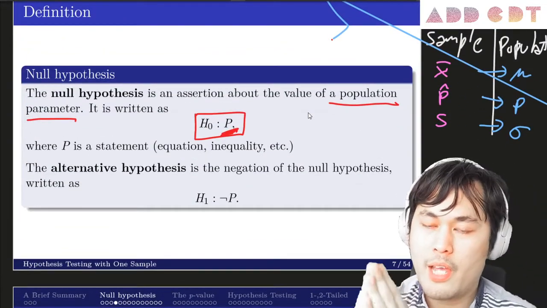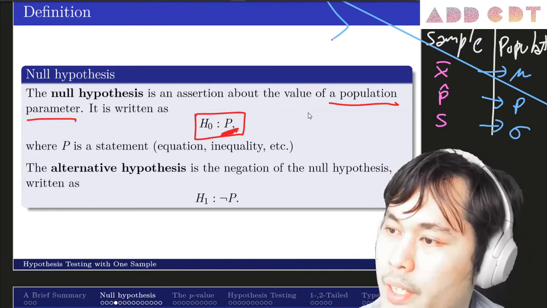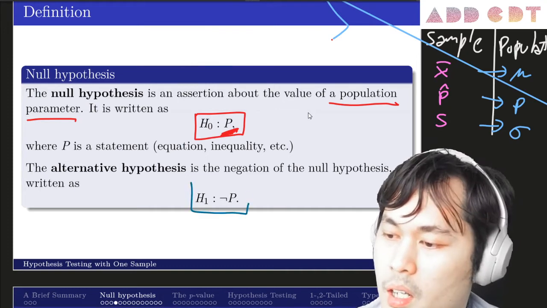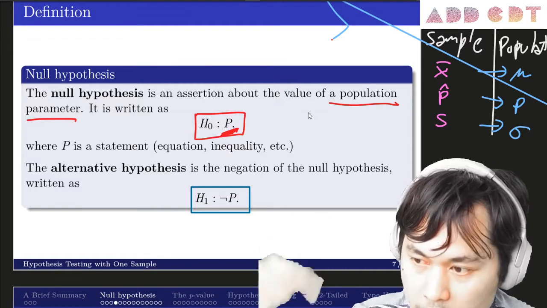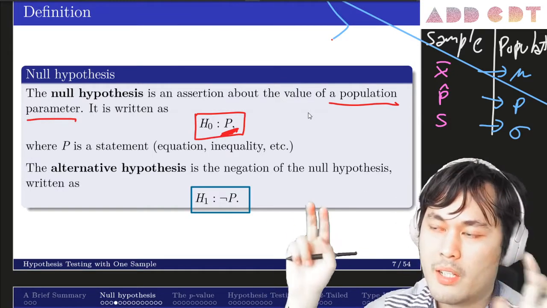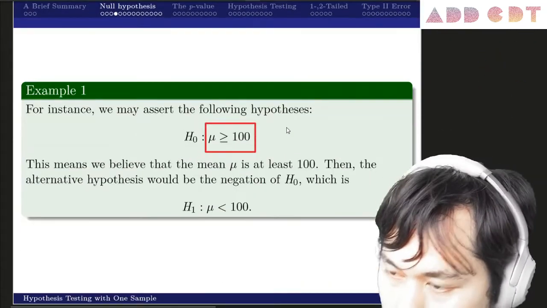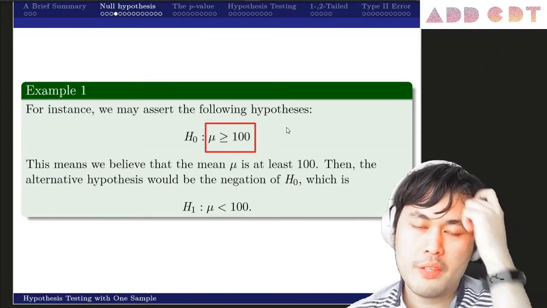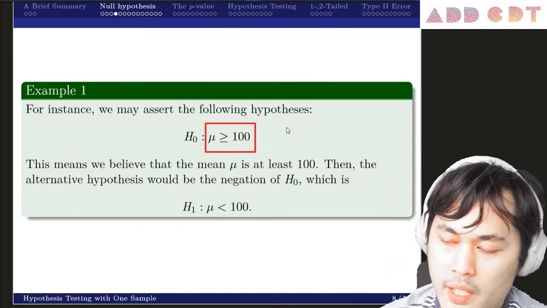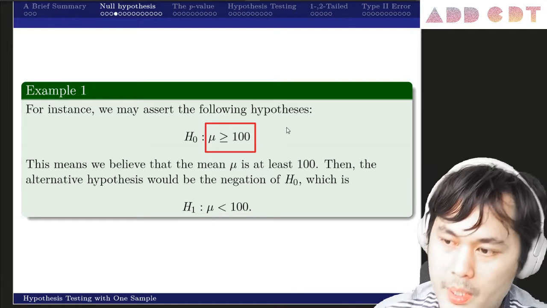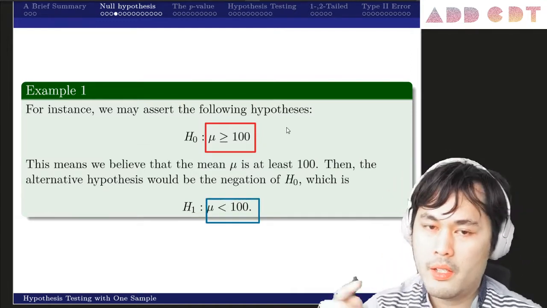We also have to have the opposite, which is the alternative hypothesis. It is the negation, which is a mathematical term for statements. If we believe that mu is at least 100, then the opposite, when the hypothesis is false, is that mu is less than 100.